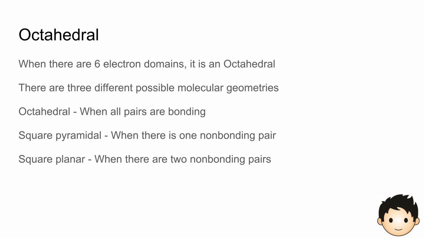I'd also say this one's pretty easy to memorize. You just need to know that there's 3 different possible molecular geometries. One of them is going to be the same as the electron domain name, octahedral, and the other 2 both start with square. The first one you just have to remember is pyramidal, the second one is planar. Pyramidal is going to be when there's one non-bonding pair, and planar is going to be when there's 2 non-bonding pairs.